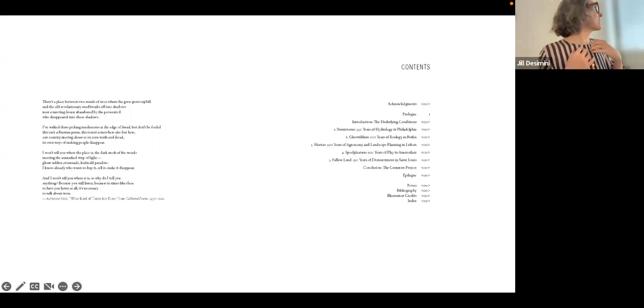Here are the 5 cities. In some ways, these cities are chosen for very particular reasons. One has to do with the different types of material transformations that usually take place: stormwater in Philadelphia, wild spaces in Berlin, agricultural plots in Lisbon, playscapes in Amsterdam, and the fallowness in relationship to St. Louis.